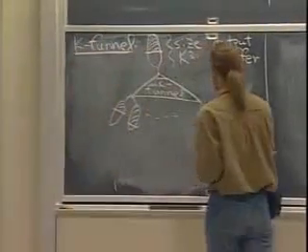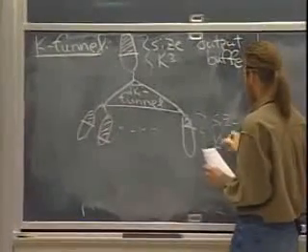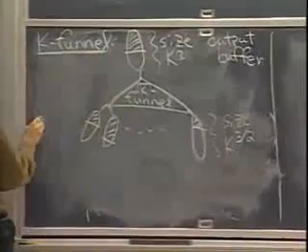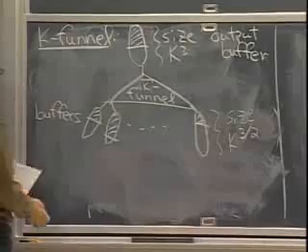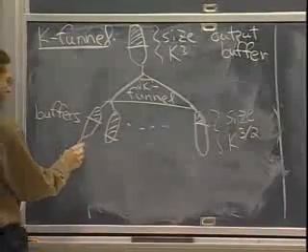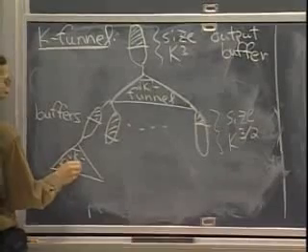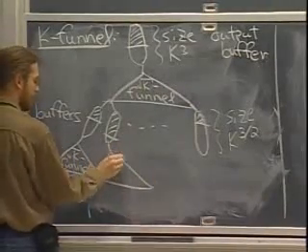And each of these has size k to the 3/2, of course. These are called the intermediate buffers. And then hanging off of them, we have more funnels. Square root of k funnel here, and a square root of k funnel here.